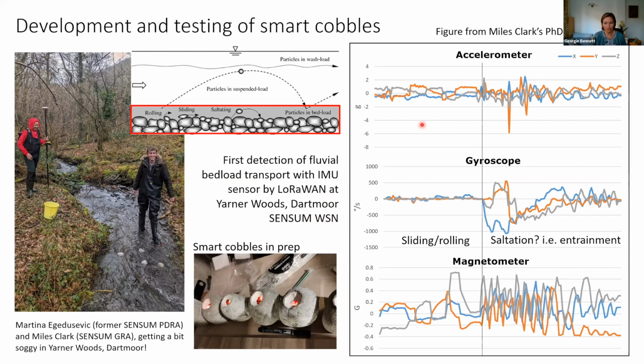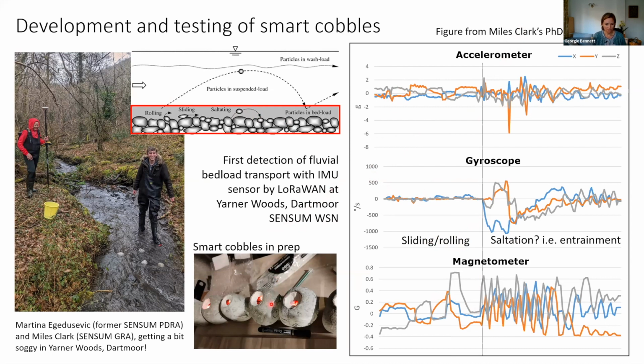And the figure on the right here is showing the 3 strands of data he obtains from the sensor embedded in his cobble: the accelerometer data, gyroscope and magnetometer data, that we think shows transition from sliding, rolling in the bed to actual saltation or hopping along the bed. So this is work in progress in Miles's PhD thesis.